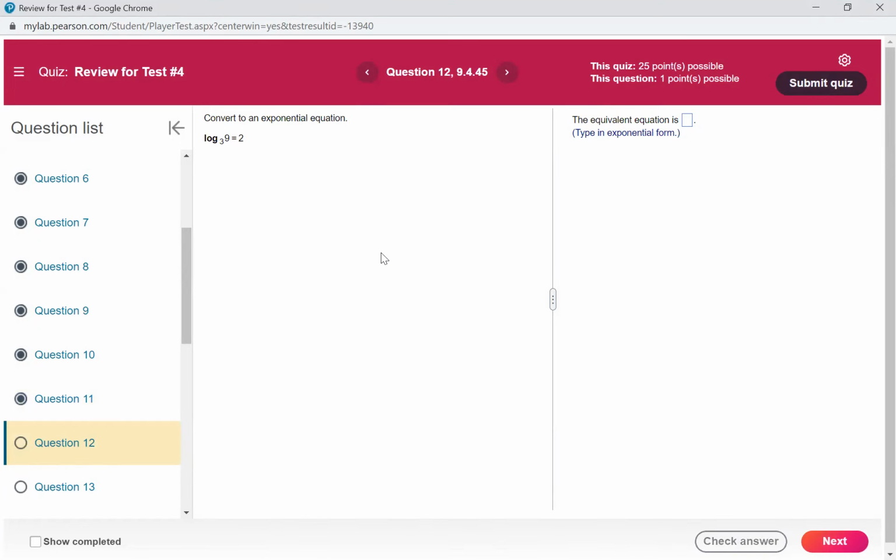All right, y'all. So let me turn my page. This one's going the other way. So let me write this down. Log base 3 of 9 equals 2. And what they want us to do is write these as exponential.